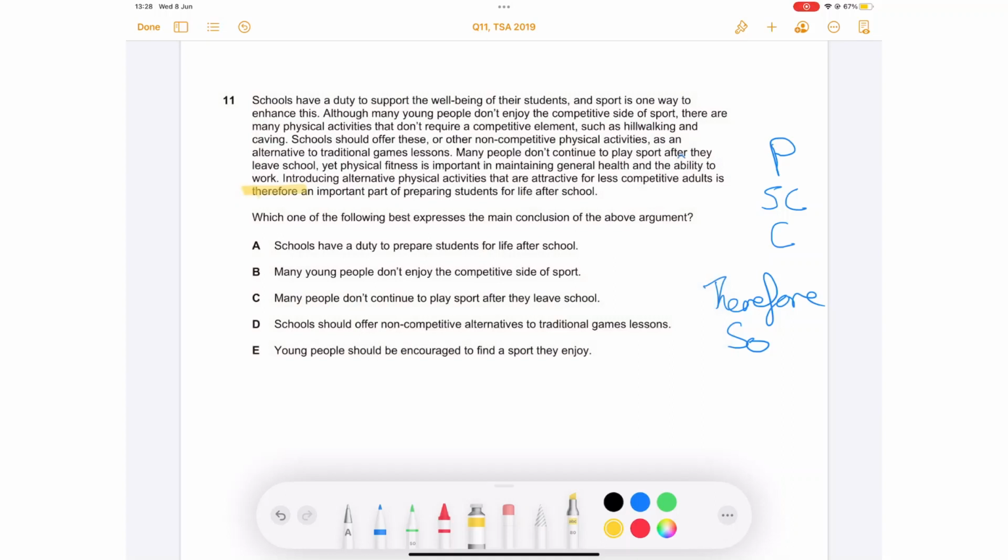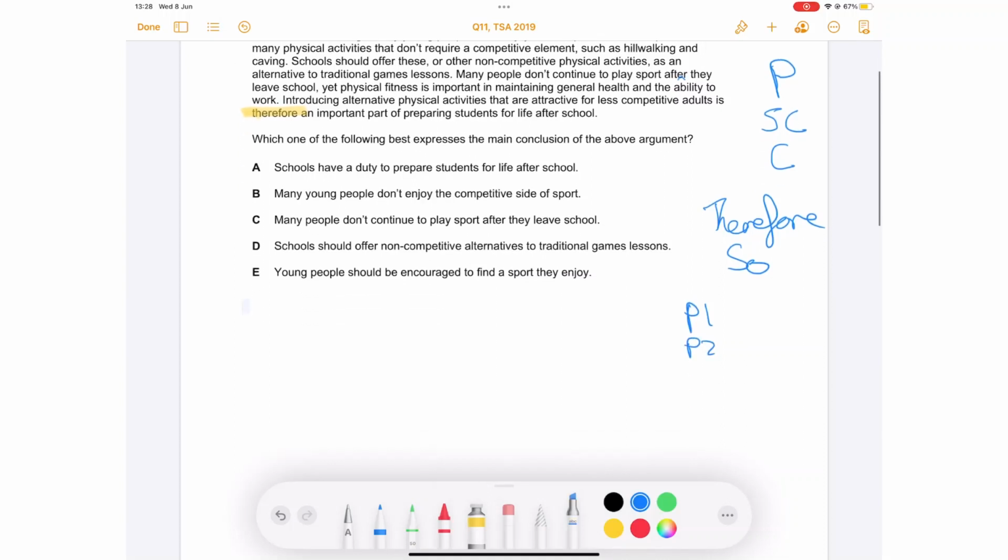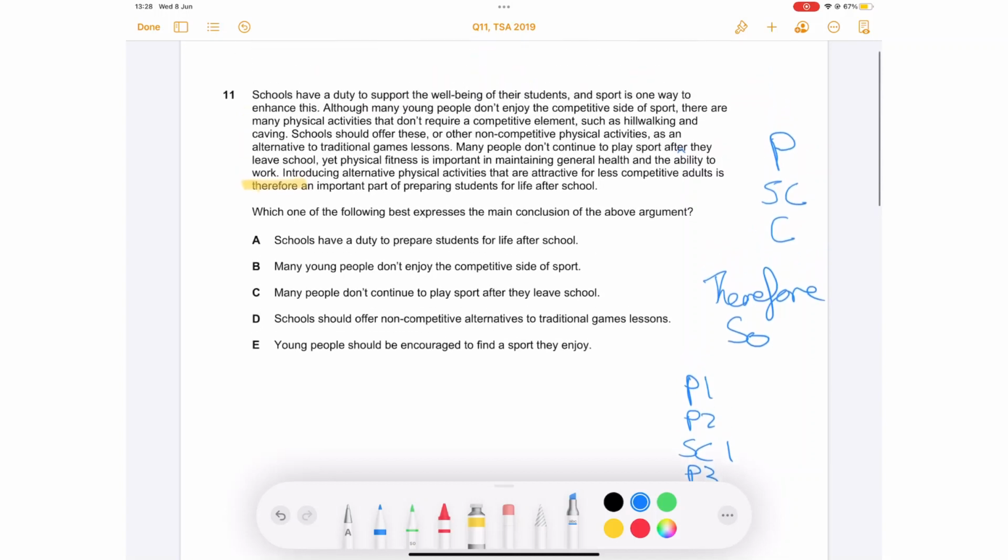But these paragraph questions don't always follow a neat structure like premise 1, premise 2, sub-conclusion 1, premise 3, conclusion. So we have all these elements here, but they're not in this order. So if we go through and highlight the different sections, then we can see what sort of structure we actually have.